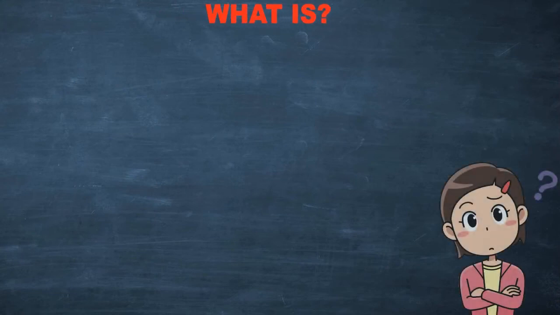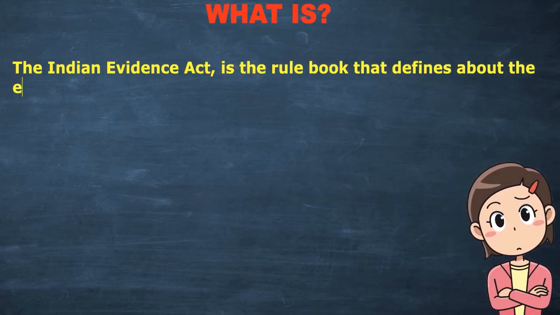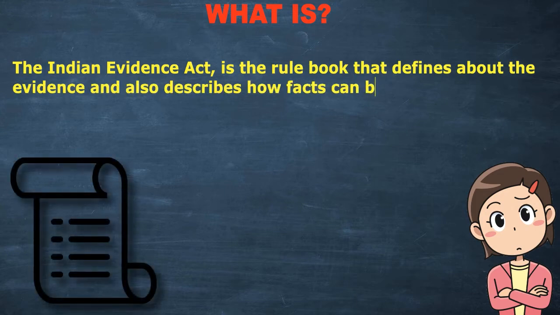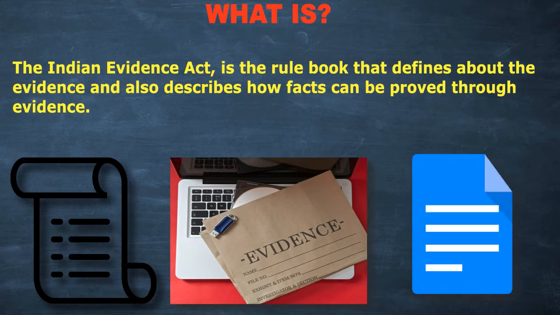Now let's check out what exactly the Indian Evidence Act is. The Indian Evidence Act is the rule book that defines evidence and also describes how facts can be proved through evidence. Remember the four questions that we discussed in the beginning? The same things are defined here.